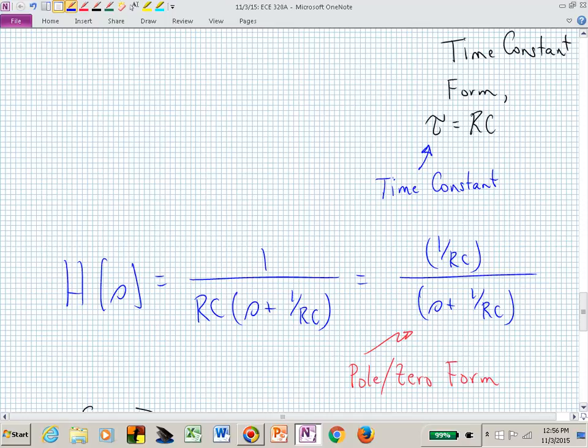If I said a DC signal, what's the S? What is S equal to for DC? S is a frequency, and DC is at 0 hertz, isn't it? S is 0. If you plug in 0 to S, what do you have for the magnitude of the transfer function? 1 over RC over 1 over RC, or 1.